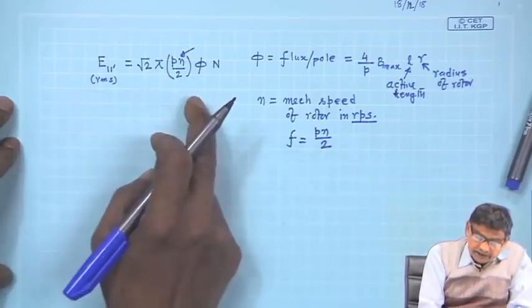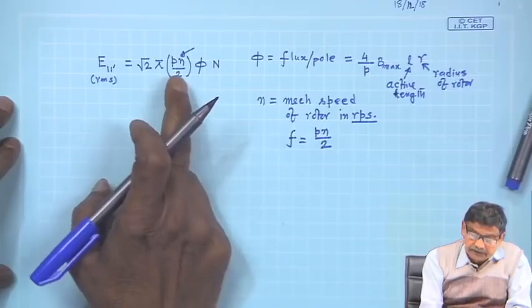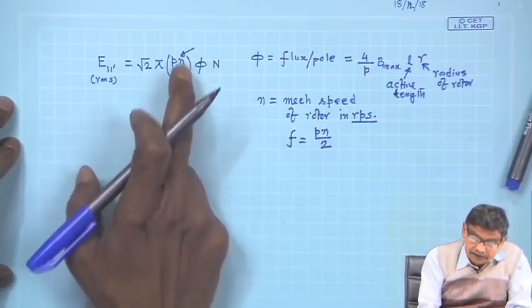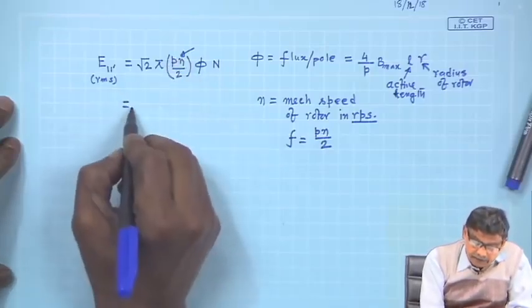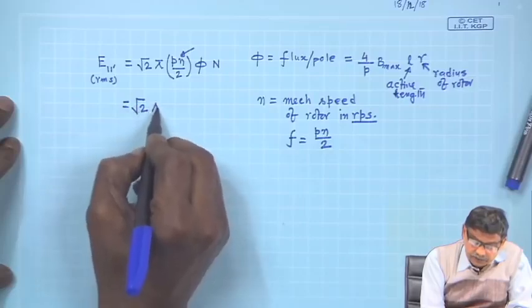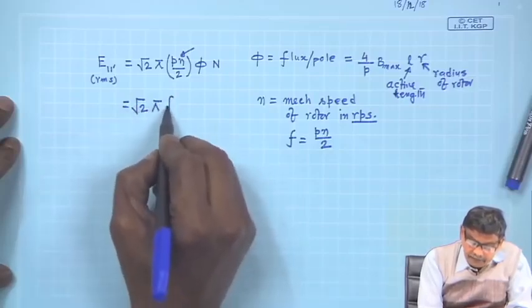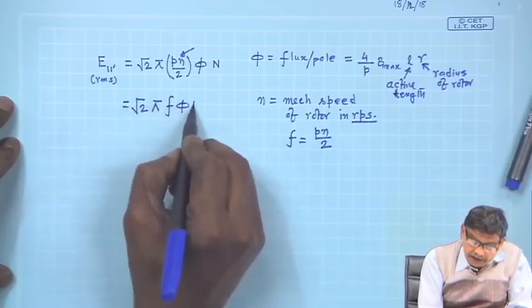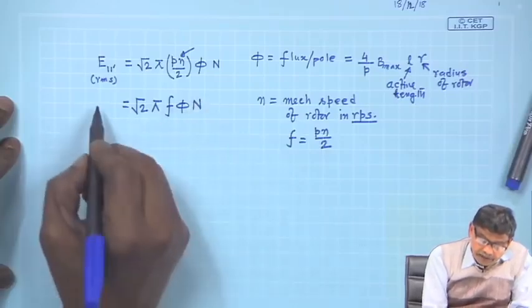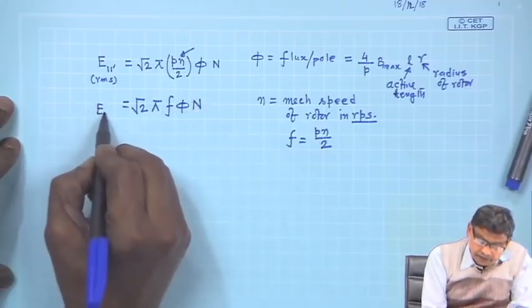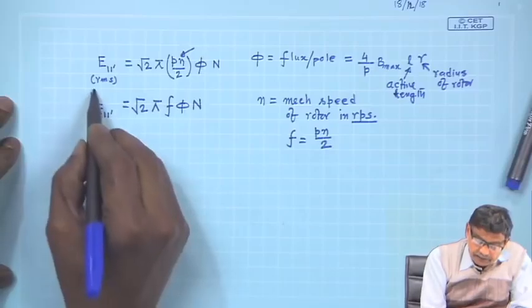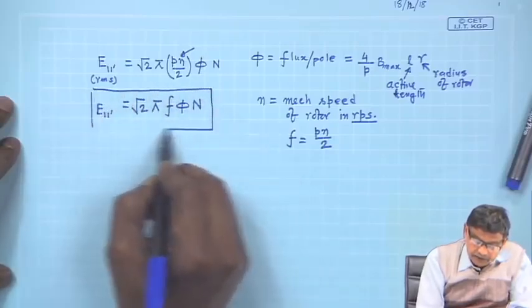So, for a generator the input should be the speed. So, speed appears here, but we will write it like this: root 2 pi f phi into N. So, that is the RMS voltage induced in a particular coil.